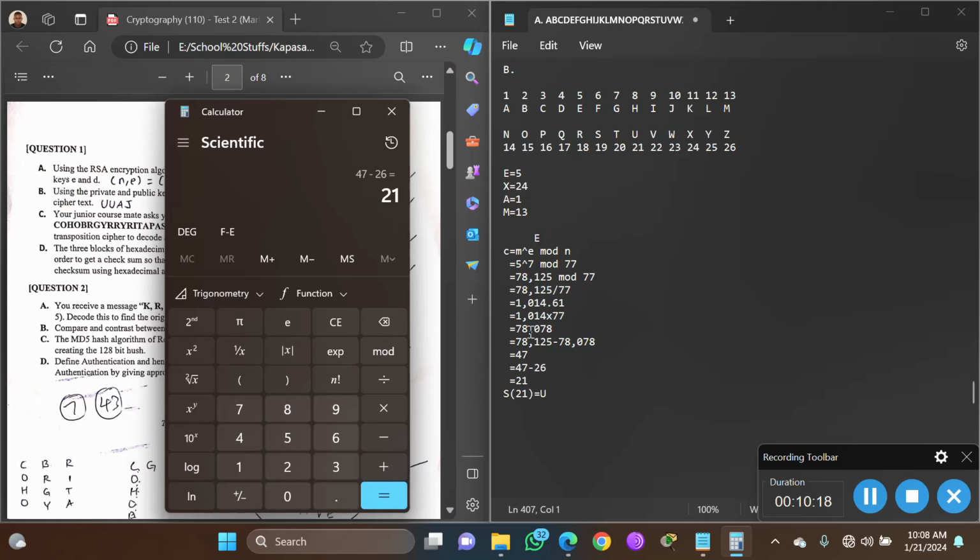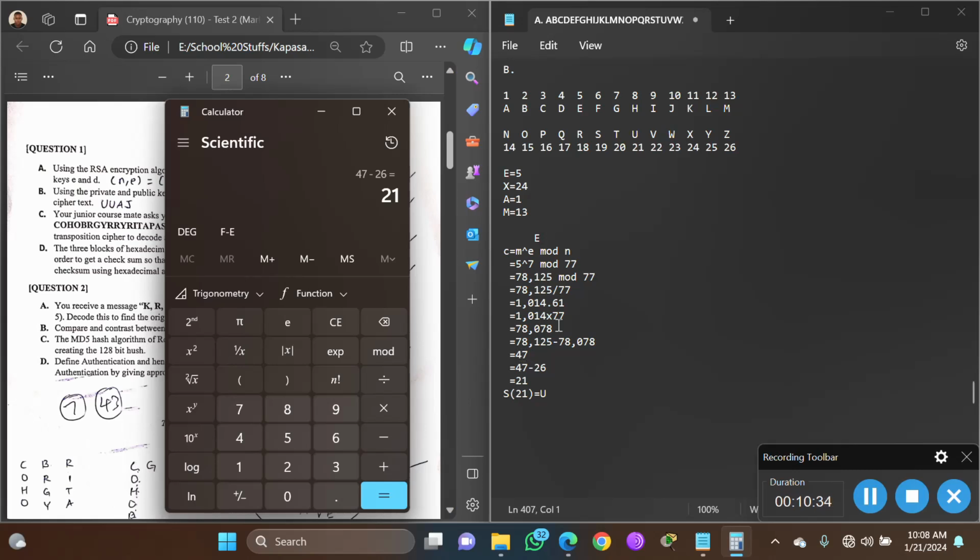So this is the new number. Now for you to know the remainder, you need to subtract the actual answer, which is the power, from this new answer. So we subtracted this from this for us to get 47.